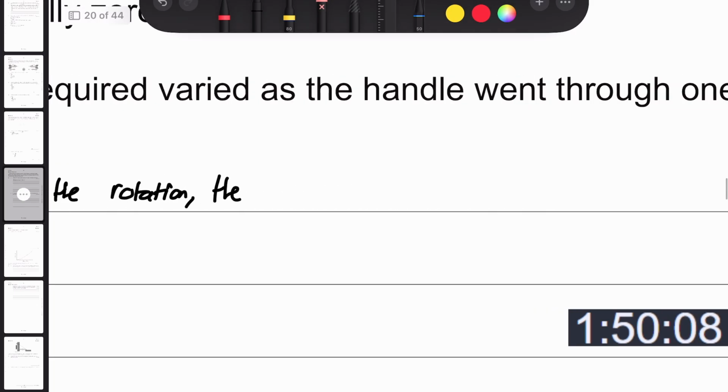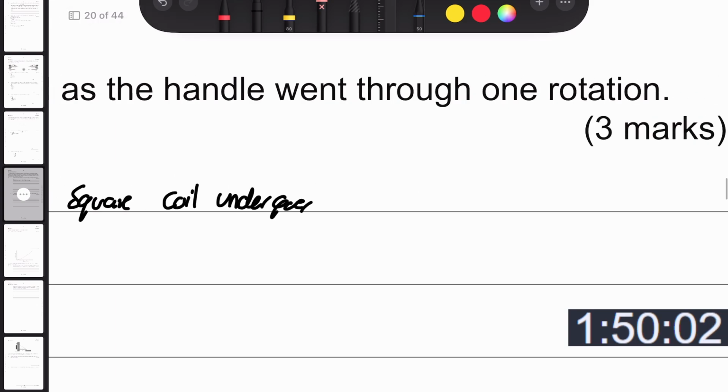The square coil undergoes changes in magnetic flux.